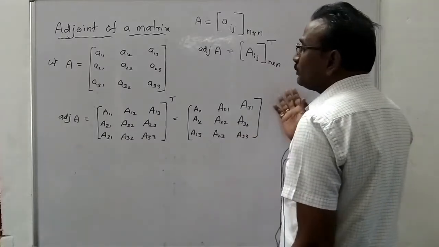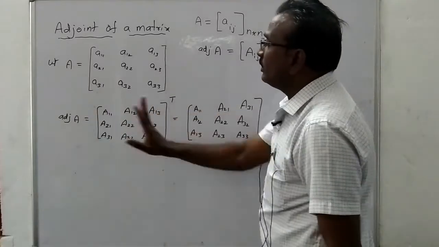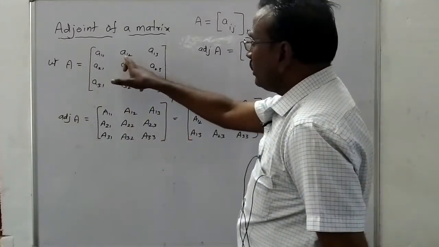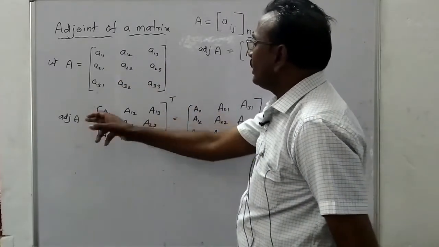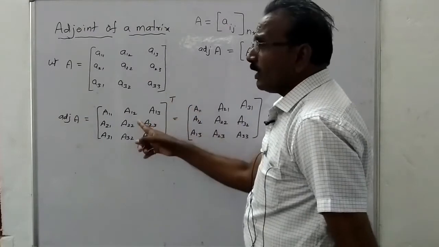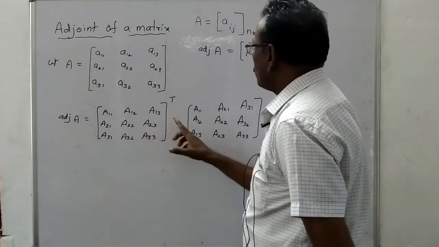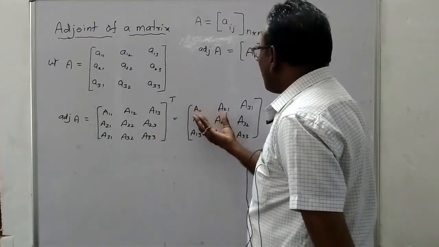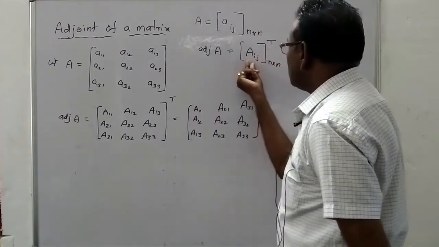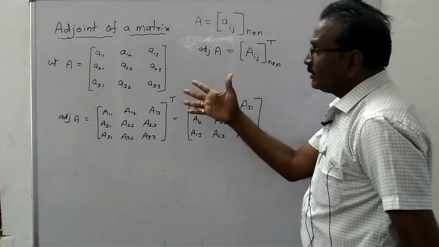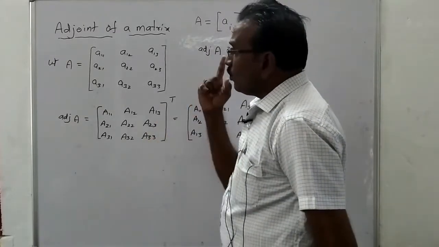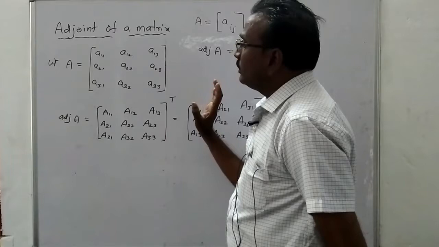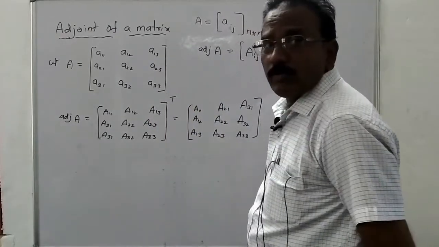So this transpose of the cofactor matrix is called the adjoint. The adjoint of a matrix is the transpose of the cofactor matrix. Here what are the capital Aij? Cofactors of elements. To find the adjoint of matrix A, we need to find cofactors of each and every element. So this is the definition of the adjoint of a matrix.